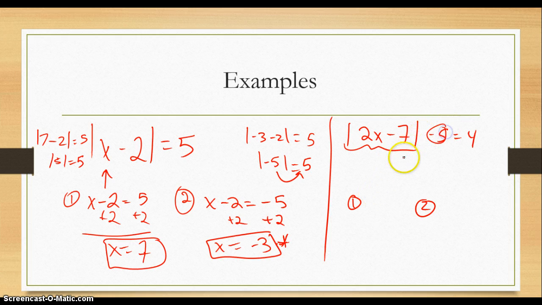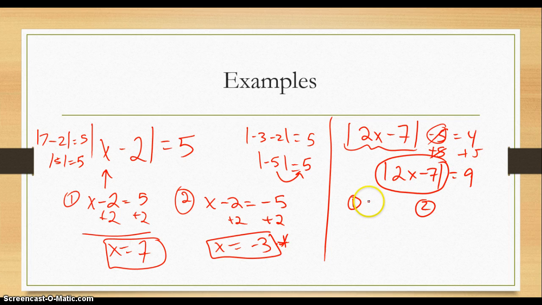So we have this extra term here, so we need to get rid of that first before we can set up our two equations. What we're going to do first is get rid of it on this side. We're going to add 5. So now we have the absolute value of 2x minus 7 equals 9. Now we have the absolute value by itself, so we can set up our two equations. So 2x minus 7 equals 9, and 2x minus 7 equals negative 9.